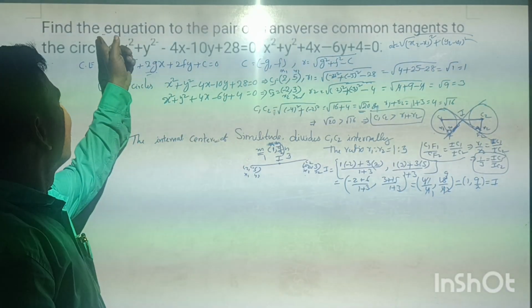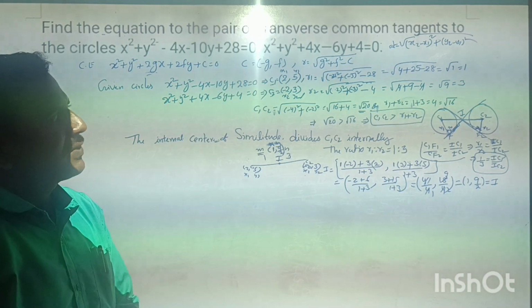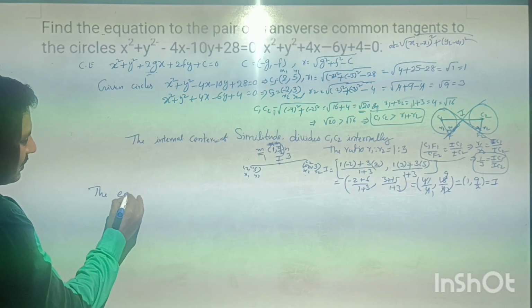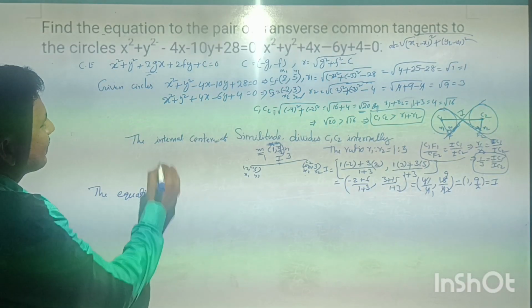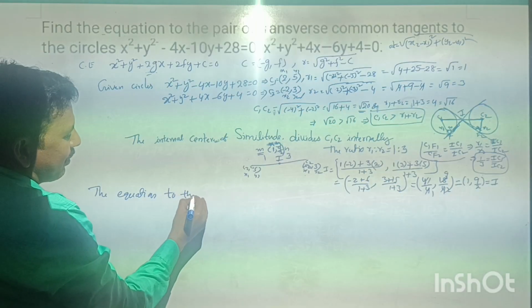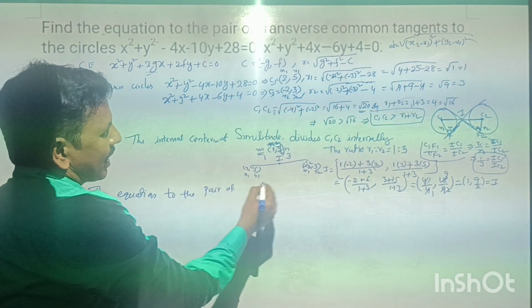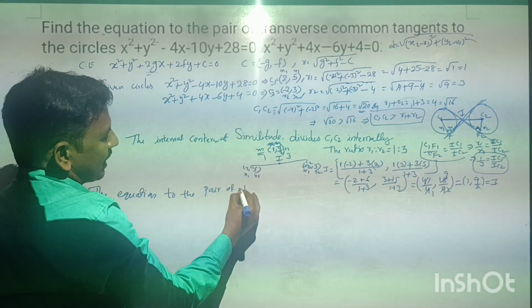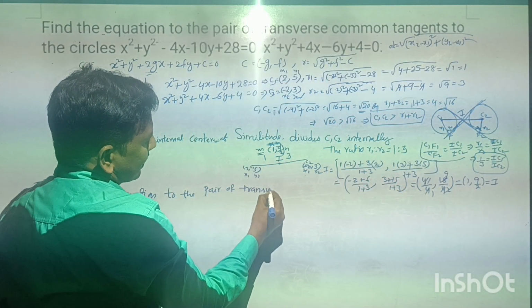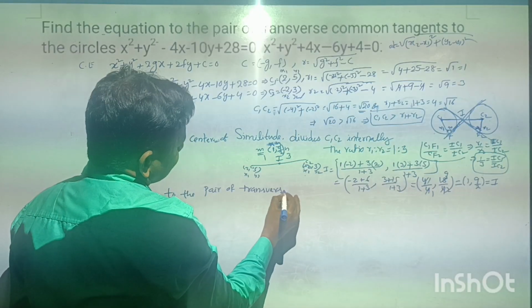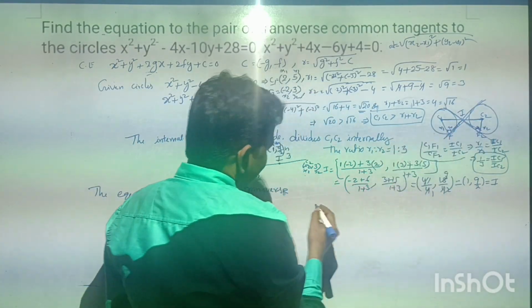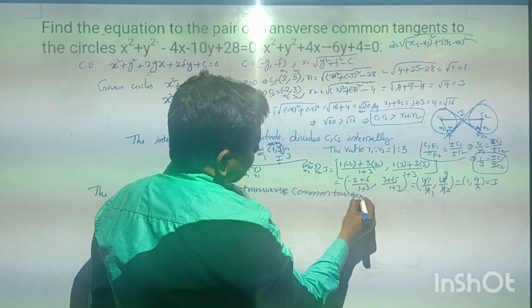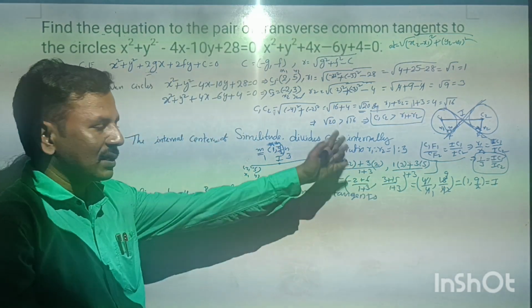Now next we find the equation of the pair of transversal common tangents to the circles.